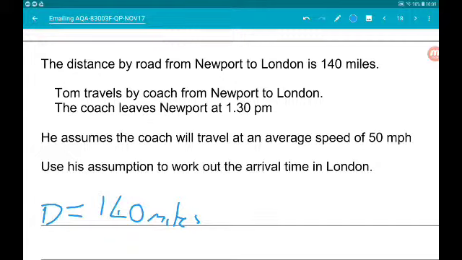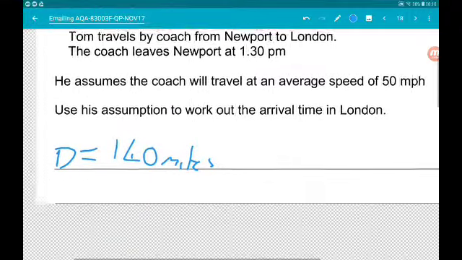Lovely. Coach leaves Newport at 1:30 p.m. He assumes the coach will travel at an average speed of 50 miles per hour. Use his assumption to work out the arrival time in London.